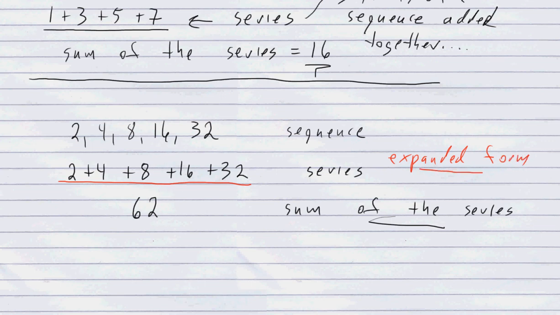So in your homework, when they ask you for a series written in expanded form, this is what they mean: each member of the series written with plus signs between them. If they ask you for the sum of the series, what they want you to do is take those numbers, however many there are, and add them together and get one single value. So anyway, that's what we mean by a series.